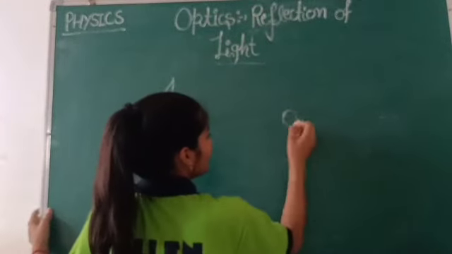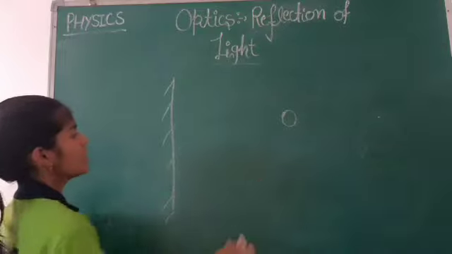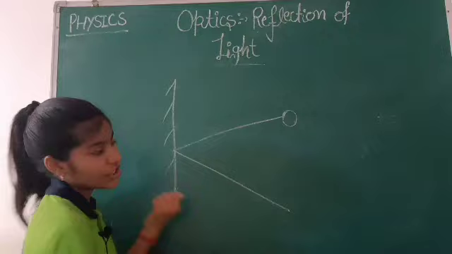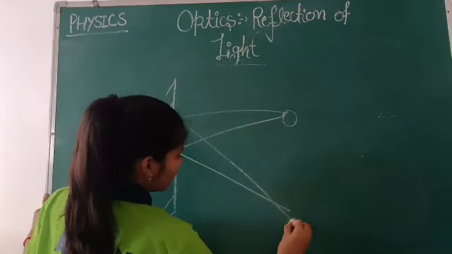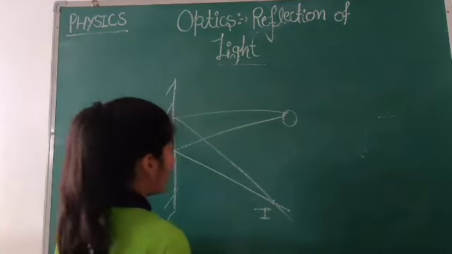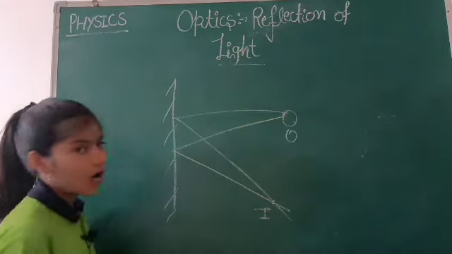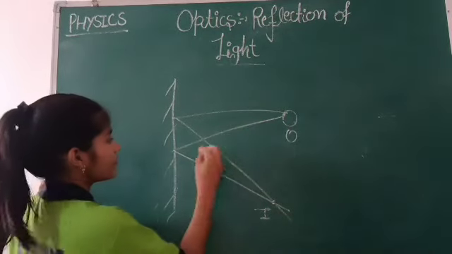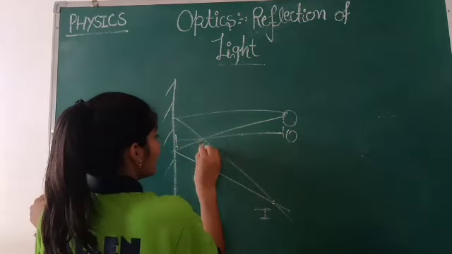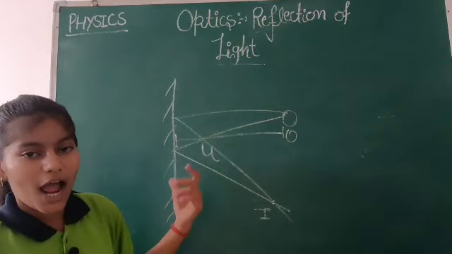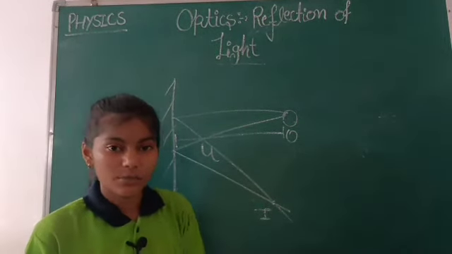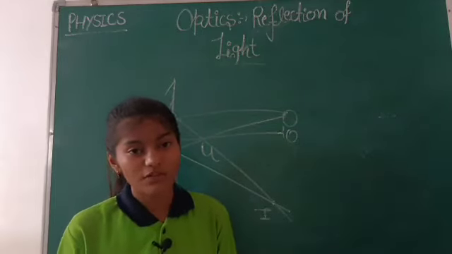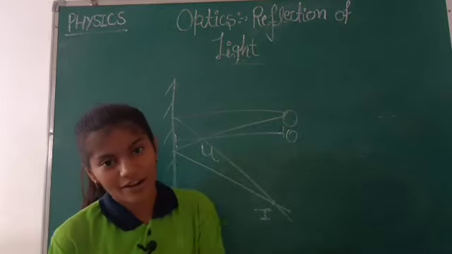We have a person over here, any object, the incident ray comes, the reflected ray comes, and at some point the image gets formed. This is your object. Now we have to understand that the distance between the object and the mirror is what we say u, and the distance between the image and the mirror is what we say v. This is the case of spherical mirrors, where we use the mirror formula to solve numericals, right?